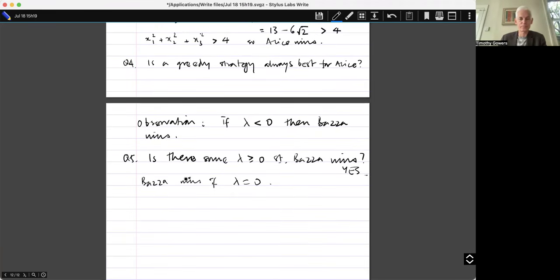That would be the obvious next question: is there some lambda greater than 0?